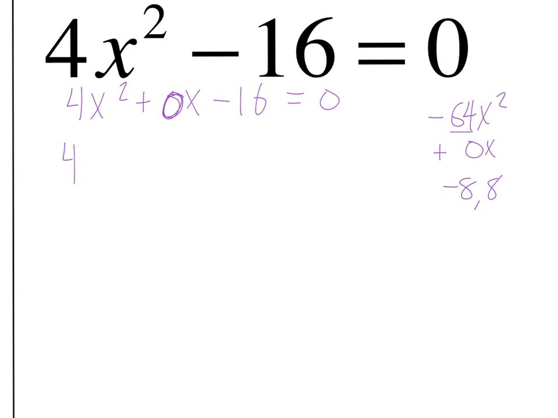All right. 4x squared minus 8x plus 8x minus 16 is equal to 0. We are going to have kind of a tricky thing here.